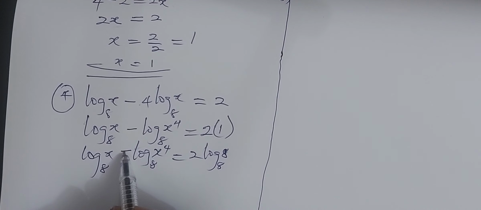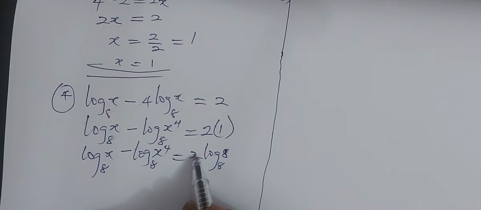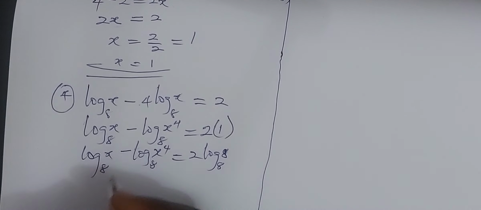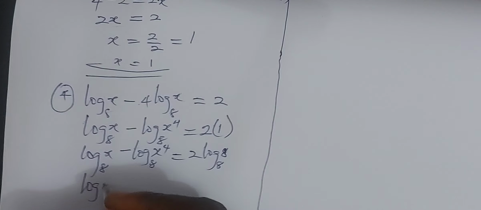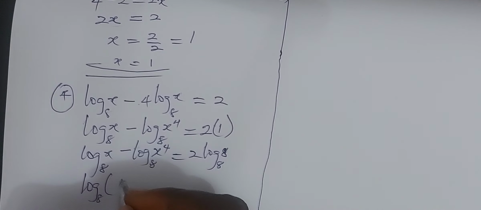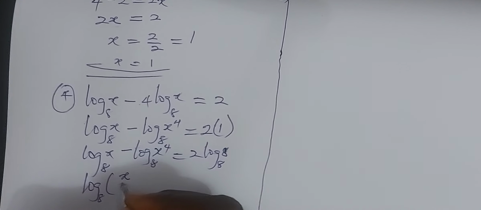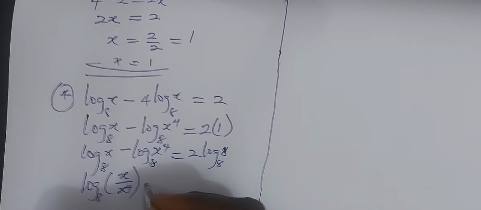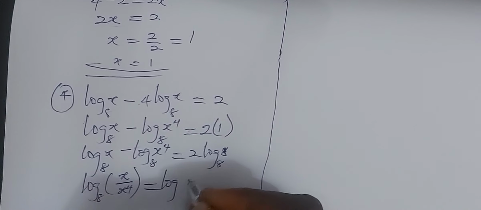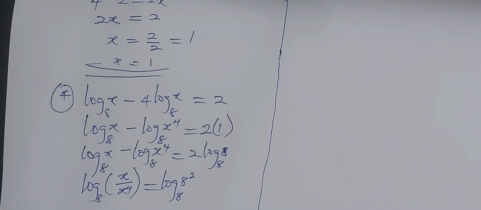We apply our rules. Minus changes to division. And this one at the back becomes the power of 8. So we now have log of x over x raised to the power of 4, everything closed, to base 8, equals log 8 raised to the power of 2 to base 8.